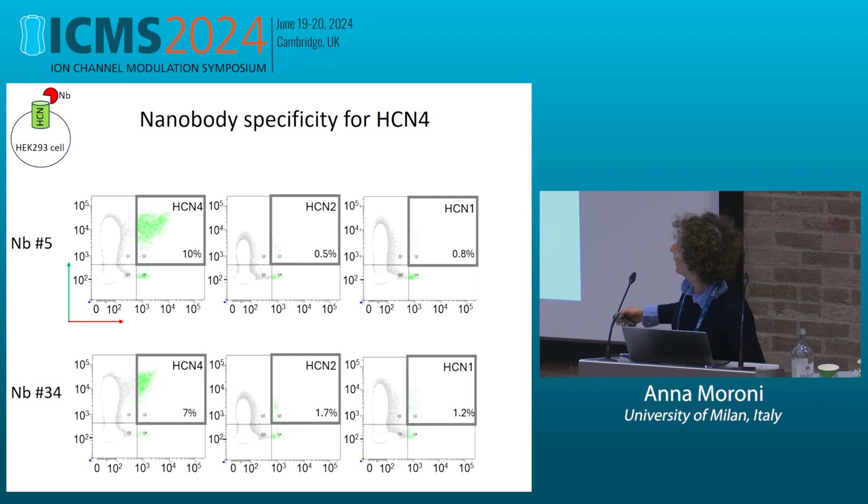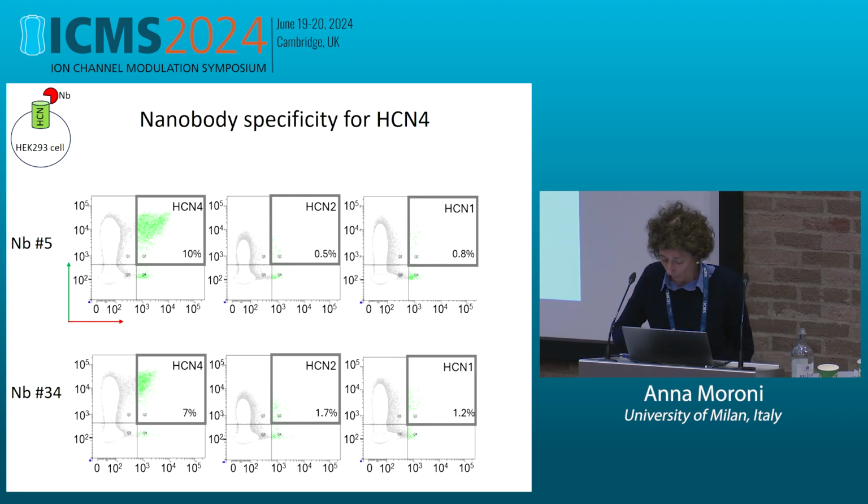We did this by FACS, in which we had cells expressing HCN4 with the GFP, and the nanobody that was marked with the red Alexa fluorophore. So by following the co-expression of the two colors, we were reducing the number to 2 nanobodies of our interest, because nanobody 5 and 34 were showing some preference for HCN4 compared to binding to HCN2 and HCN1.